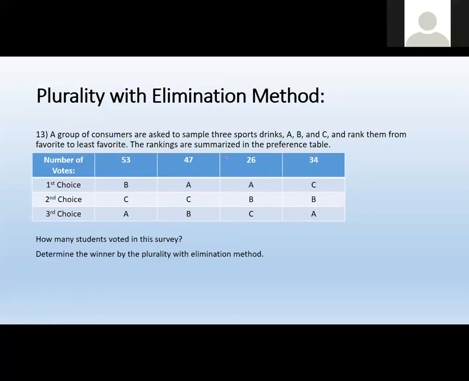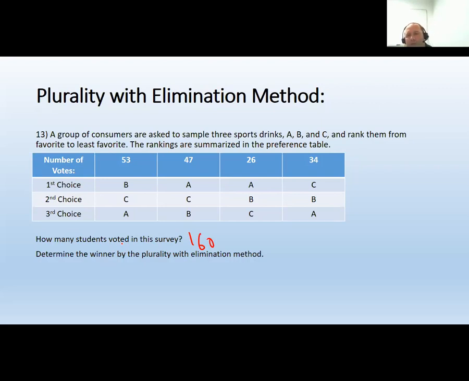160. And the second question says determine the winner by the plurality with elimination method. The plurality with elimination method is whichever candidate gets the majority of first place votes.